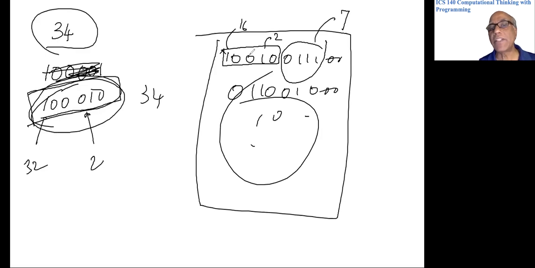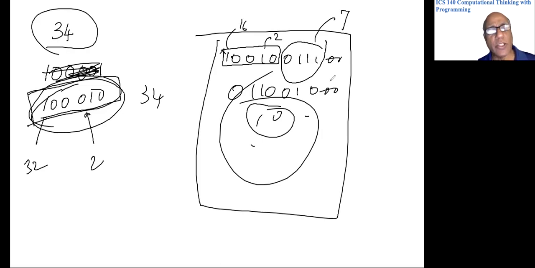So if you know that the 5 bits here are representing a number, it would be 16. If you found 100010, you would think of it as 34. If you found 011, you would think of it as 7. If you saw this, it would be thought of as 2. That is the first thing you have to understand. Okay, that takes care of numbers.